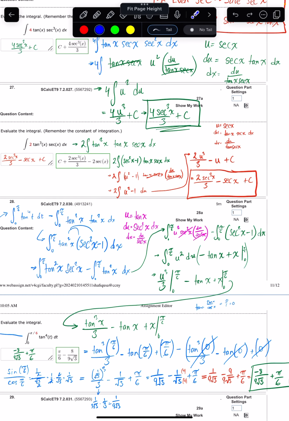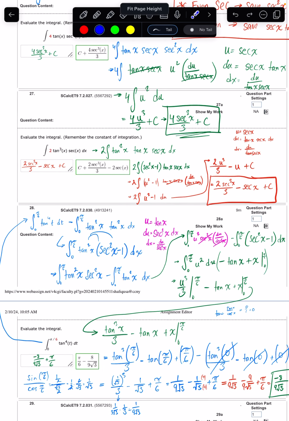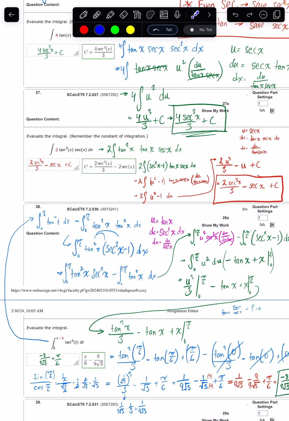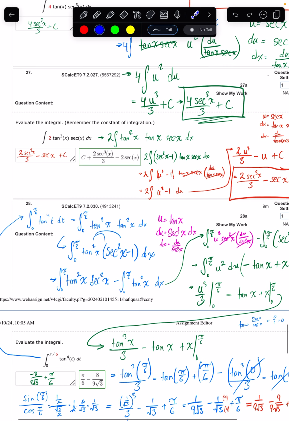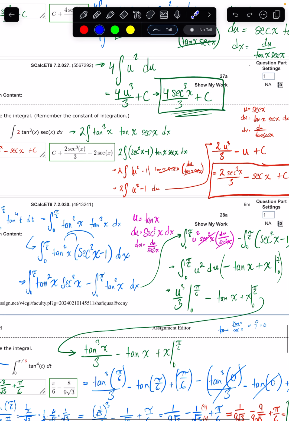Okay, number 27. 2 times tan cubed x secant x dx. Yeah, so take out the 2. Again, odd amount of tan, right? So we want to save a tan x secant x. You can substitute this trig identity for tan squared x, which is secant squared x minus 1.